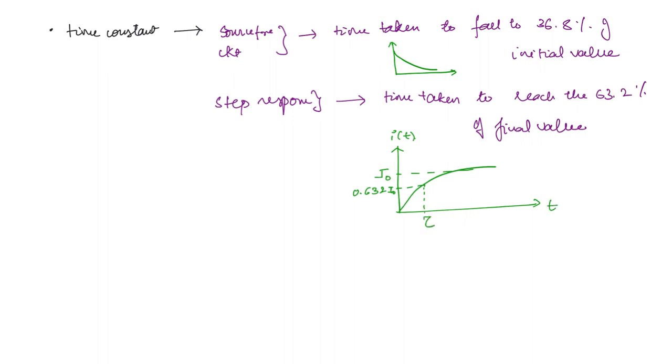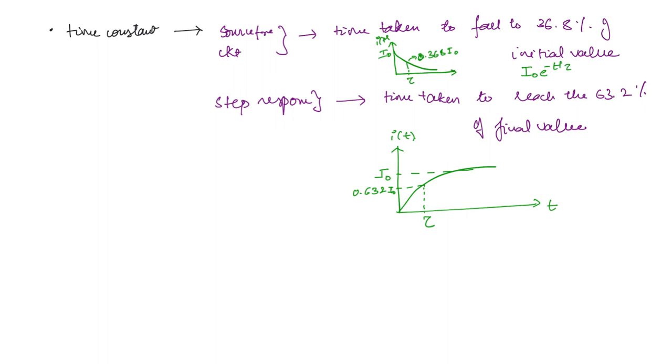And here what will happen? If you are taking i of t, this is the initial value, then at tau this reaches 0.368 of the initial value. So why is the difference coming? Because you can remember that the expression was I naught e to the power minus t by tau.